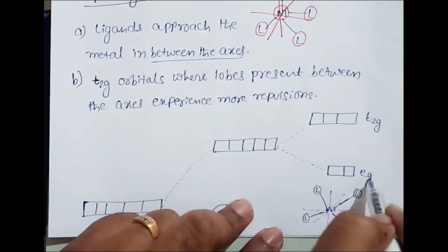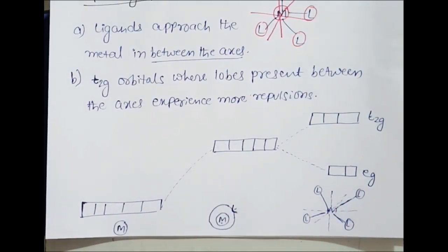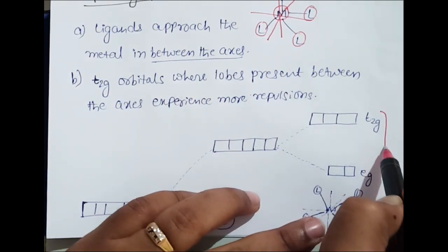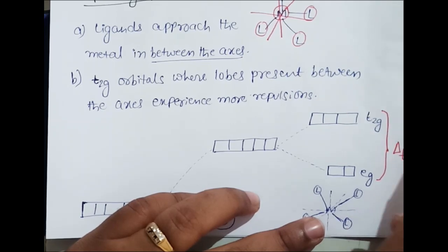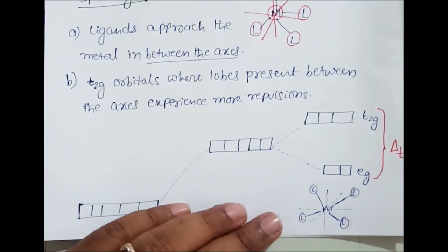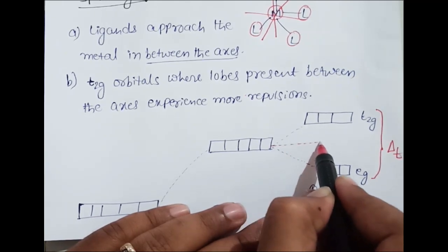The energy gap between these two is called the crystal field splitting energy for the tetrahedral system. The symbol is del T. Last time we wrote del O, that was for octahedral, and this is for the tetrahedral system. And this is the barycenter.